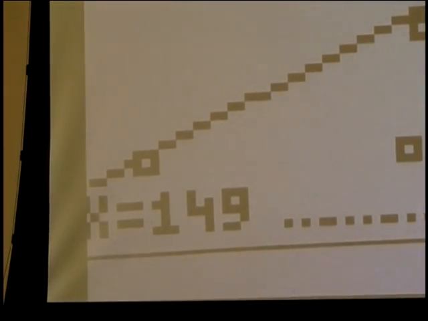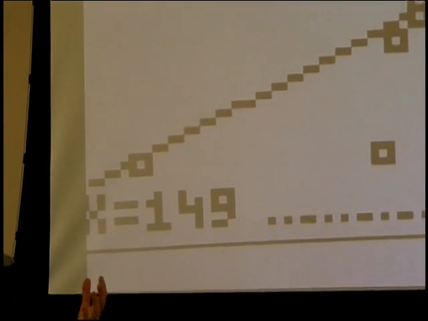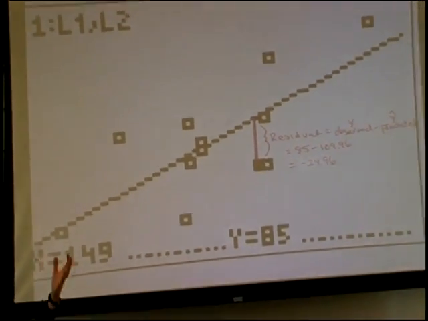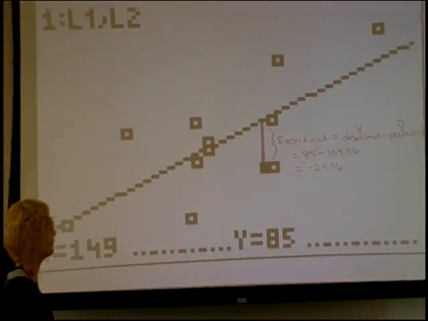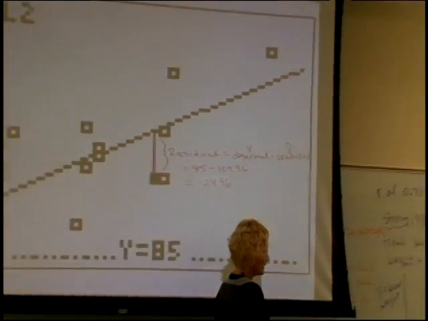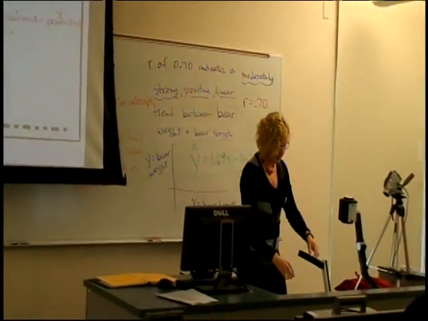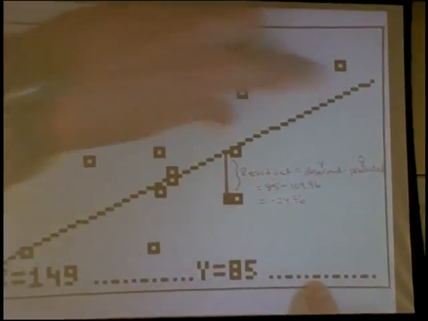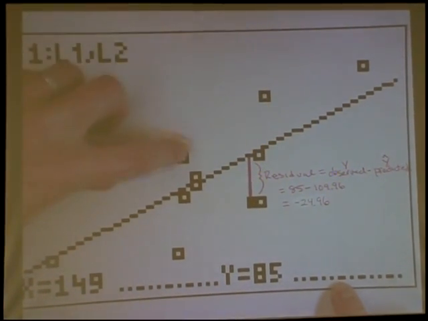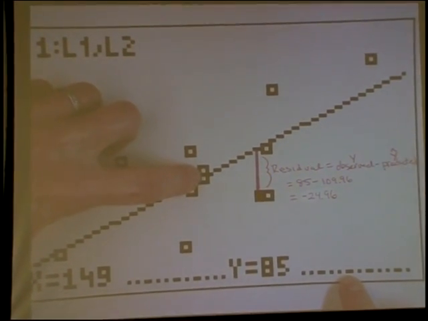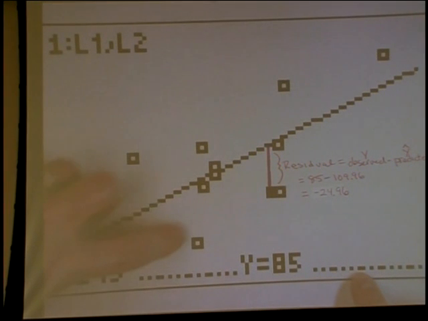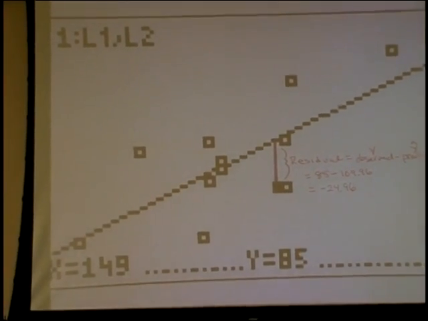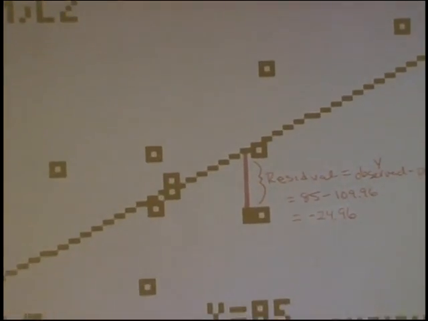There's always error in whatever we do statistically. We expect it. It's just part of the deal, part of the gig. So again, each one of these vertical distances between each point and the line is called a residual. That one would be really small. That one would be a little bigger. And notice that some of them are positive and some of them are negative. Some of them are above the line, some are below.